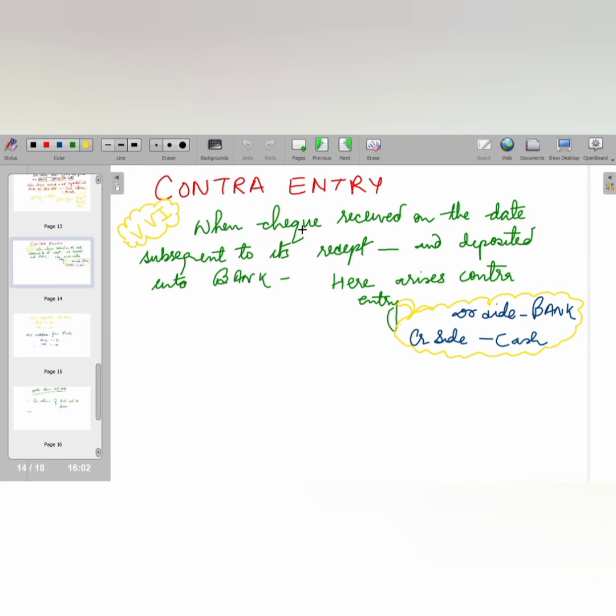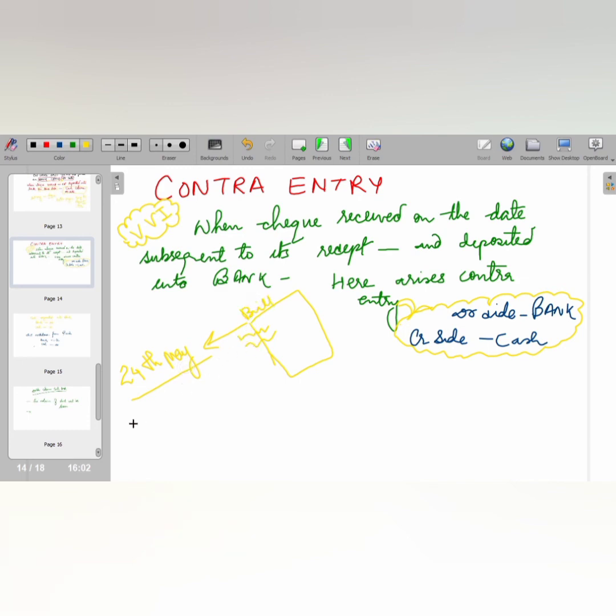When the check is received on the date and subsequent to its receipt deposited into the bank. See, this is 24th May, okay, we are receiving check on this day, okay, we had the bill drawn that we will receive the amount on 24th May, okay, this is the bill.